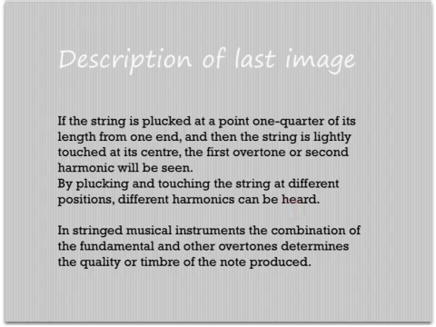So you can try it for yourself. Generally, in stringed musical instruments, the combination of the fundamental and other overtones or other harmonics determines the quality or timbre of the note produced.